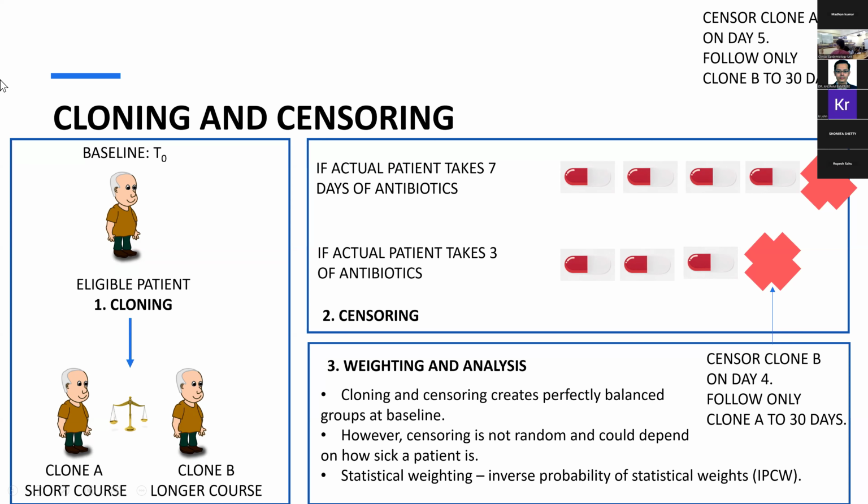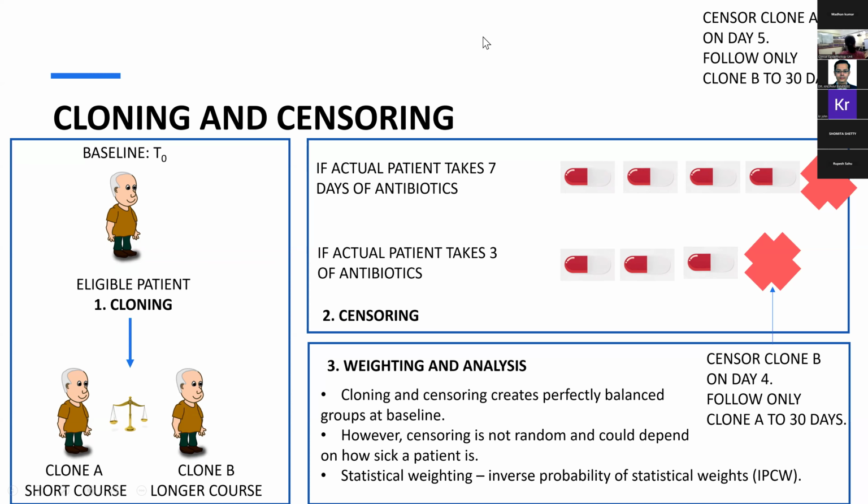This is a cartoon I drew for cloning and censoring. So suppose I have a patient. Now, sorry, I didn't get your name. Amrita. Suppose Amrita is entering this trial, okay? I have Amrita's data with me at time 0, but I don't know how she is going to go on. I am going to clone two Amritas, and I will put one Amrita in the short course arm and one Amrita in the long course arm.